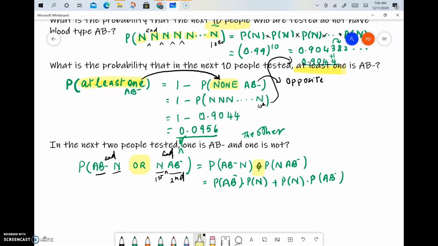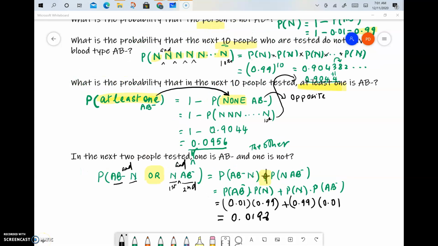So this is the addition of the two: the probability of AB negative and not, plus the probability of not and AB negative. So split it this way and now just plug in the probabilities. The probability of AB negative is 0.01 times 0.99, which is the probability of not. It's just the same number except that the multiplication order has changed here. So that is equal to 0.0198.